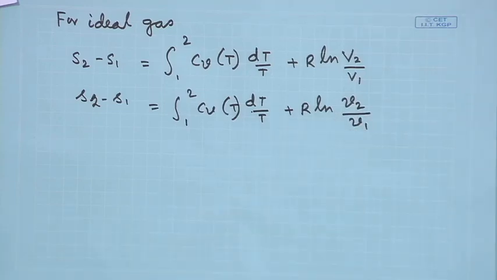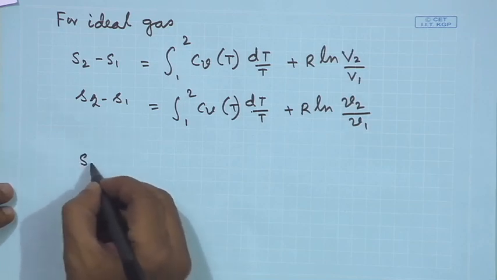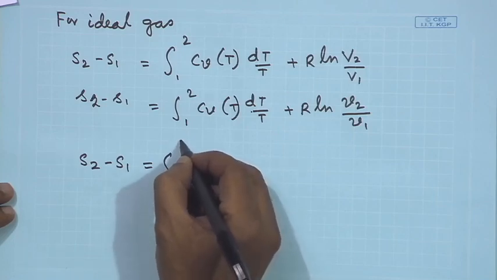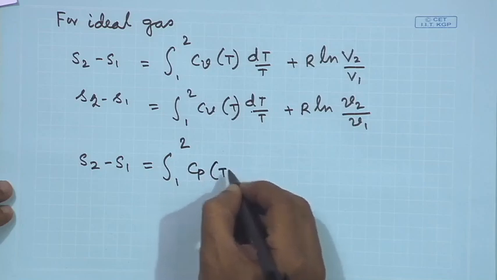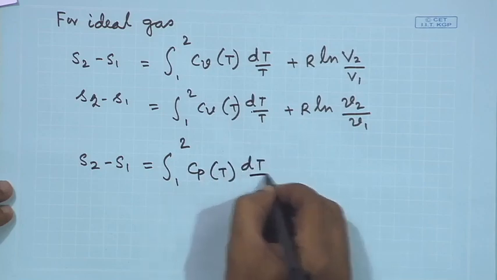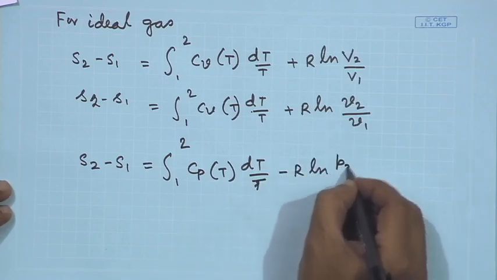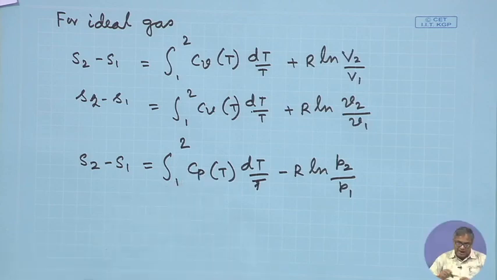There is another expression, S2 minus S1 is equal to integral from 1 to 2 of Cp(T) dT by T minus R ln P2 by P1. So, either in terms of specific heat at constant volume or specific heat at constant pressure I can write.